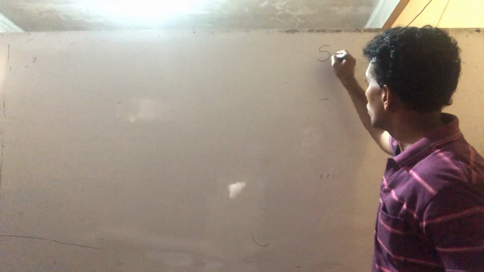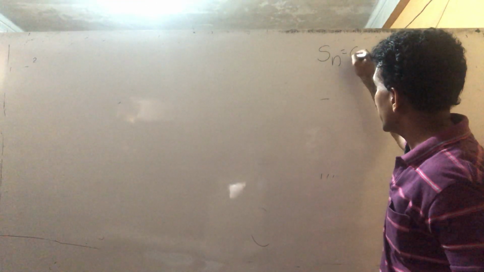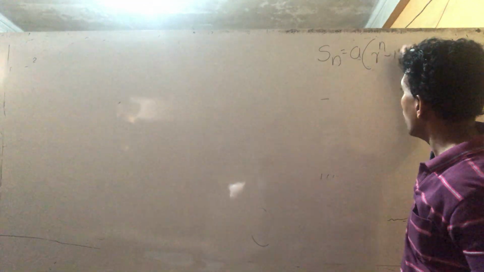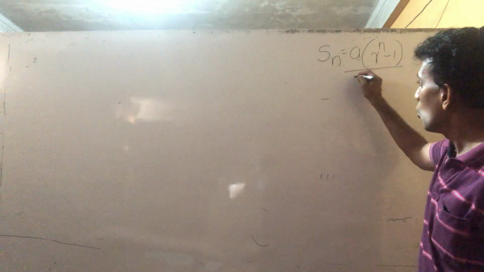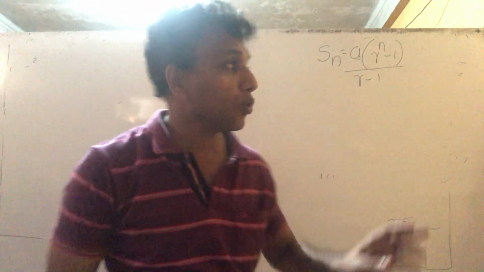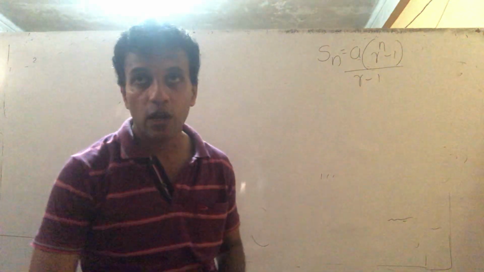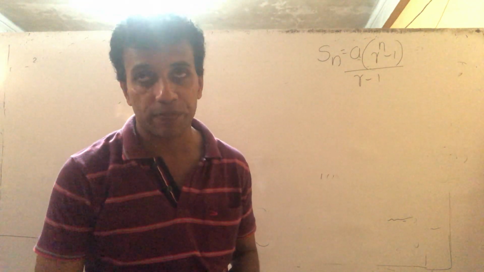That is this: Sn equal a times r to the power n minus 1 over r minus 1.